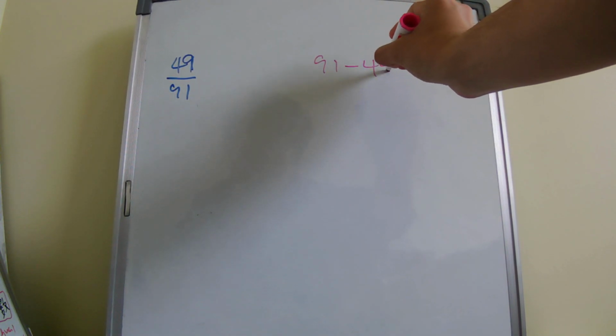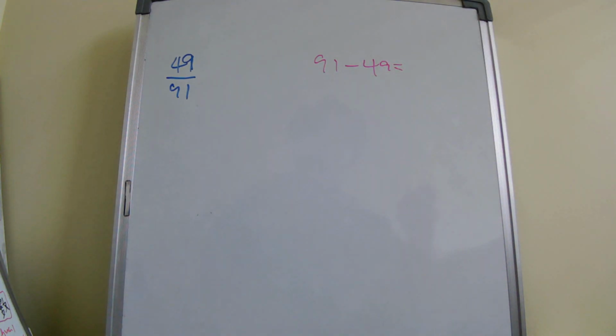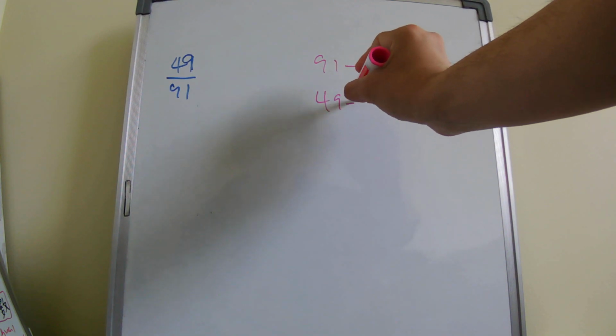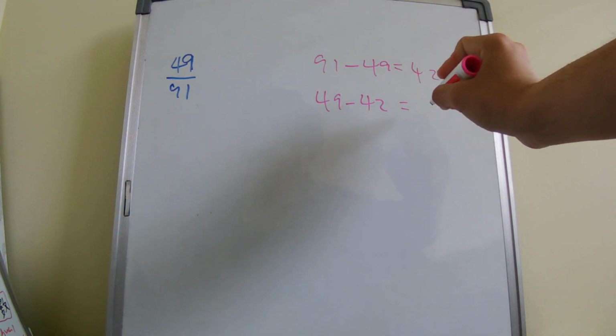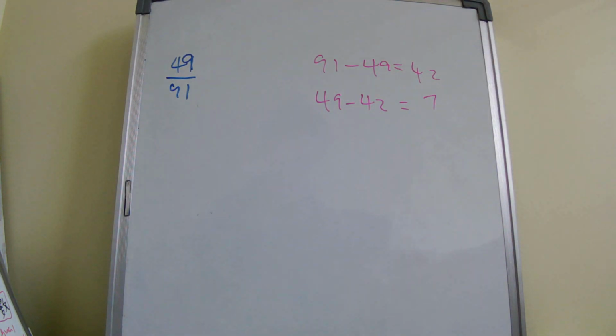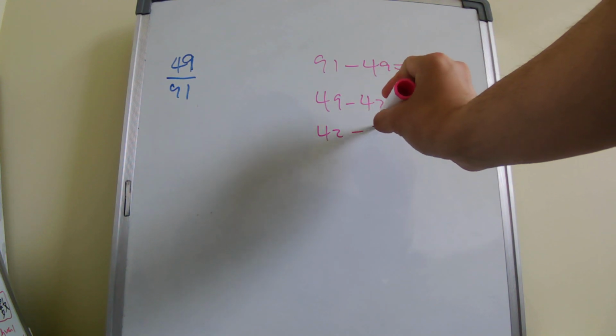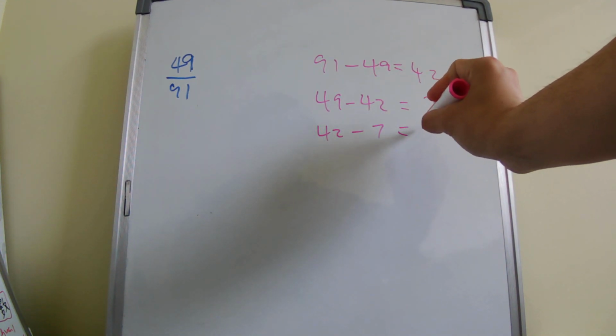91 minus 49, let's see what that gives us. That gives us 42. Now you take 49 and subtract the 42, and you get 7. Here it's unfortunate that we got this small number, because we have to actually use the 42, subtract 7 from that, and keep doing this subtraction by 7.